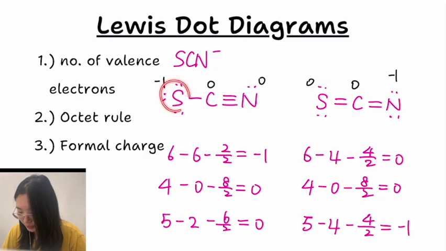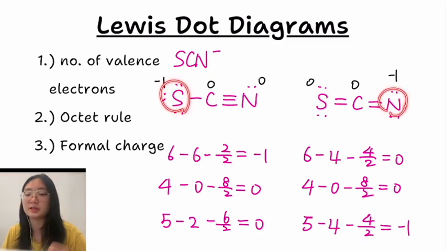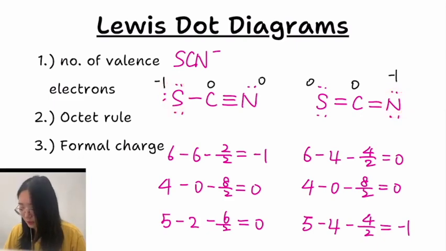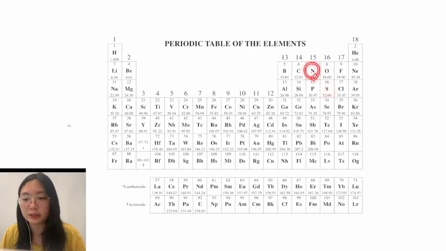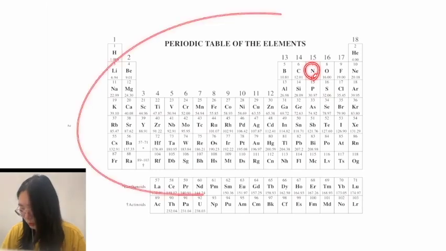Then we need to pay attention to these two atoms, which carry a non-zero formal charge, negative 1. Okay, so sulfur and nitrogen, which one is more likely to carry a formal charge of negative 1? A more electronegative atom tends to carry a more negative formal charge. On the periodic table, when we compare sulfur and nitrogen, nitrogen is actually the third most electronegative element in the whole periodic table.